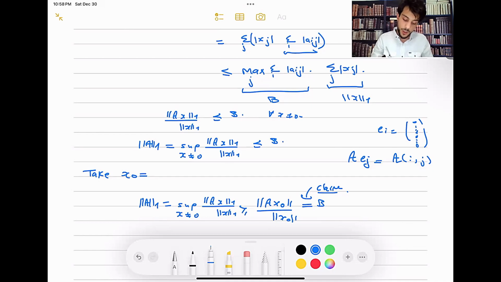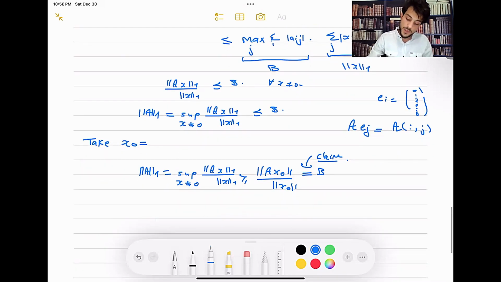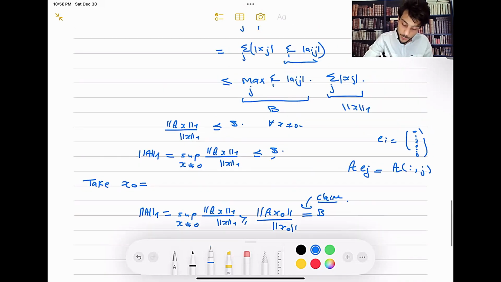So let me tell you what I'm trying to say here. This value is the maximum over the column sums, right? So since we're taking the maximum over the column sums, there must be a column of A that attains that value, because that's the maximum of them.